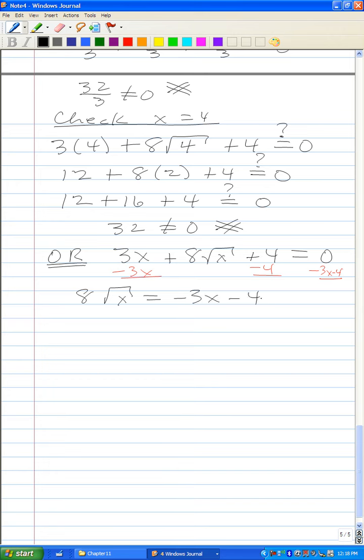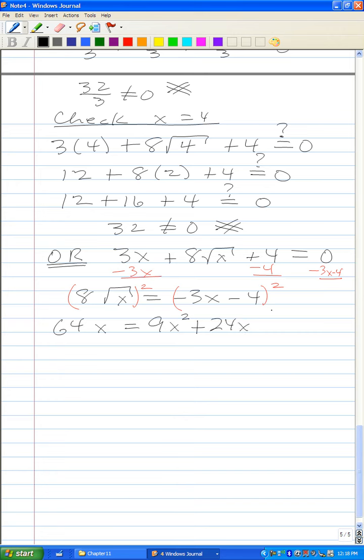So I've isolated radical x on one side of my equation. So let's square both sides of my equation to get rid of the square root. So that says 64x is equal to 9x squared, minus 3x times negative 4 times 2 is 24x.